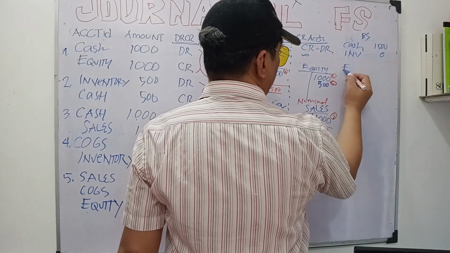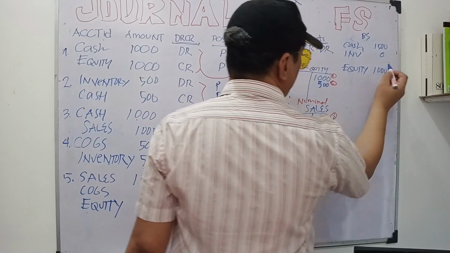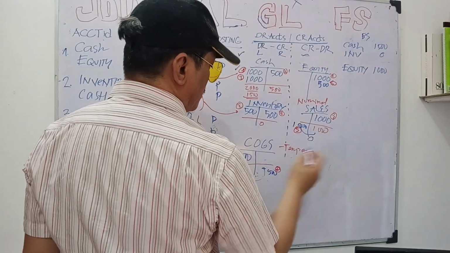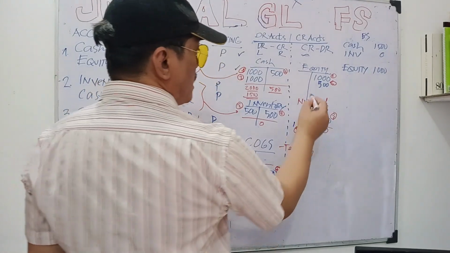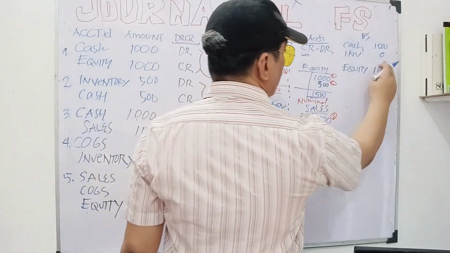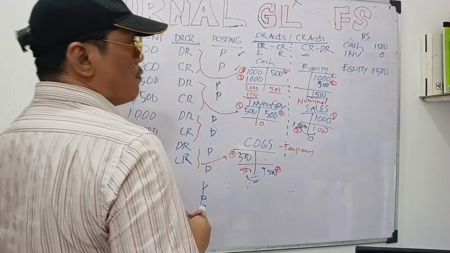And then equity. We have basically 1,000, right? But if we compute, sales is now zero, cost of goods sold is now zero, and we have here 1,500 equity. So this is 1,500.